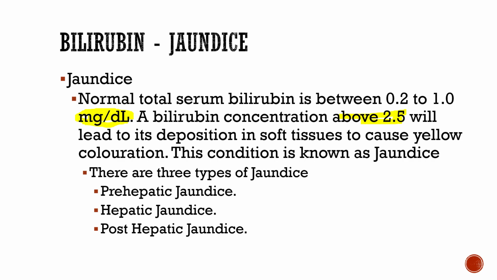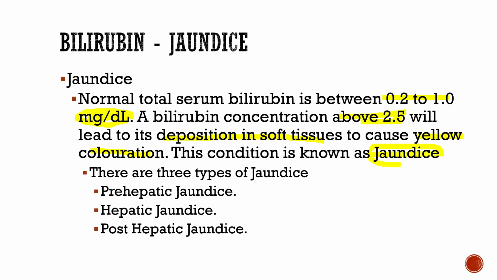The normal bilirubin is actually from 0.2 to 1.0 milligram per deciliter. When the concentration is above 2.5, it leads to deposition in soft tissues causing yellow coloration. That is why in jaundice you see yellowish discoloration of the eyes. Under the nail also you can see the yellow color.